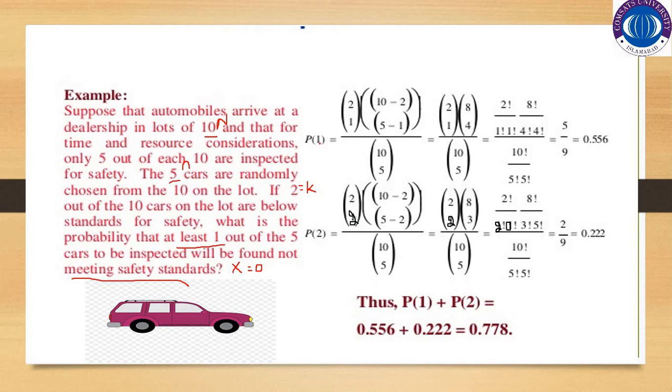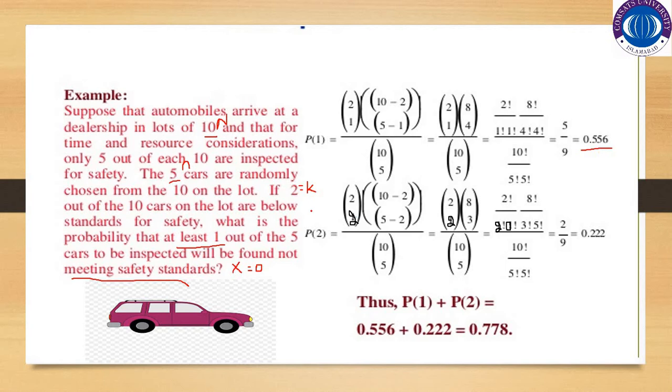So we substitute x is equal to 1. So 2C1 times 10 minus 2 C 5 minus 1, whole divided by 10C5, this would be 0.556. This is the probability of 1 car not meeting the safety standard.